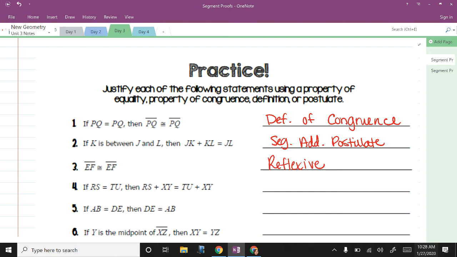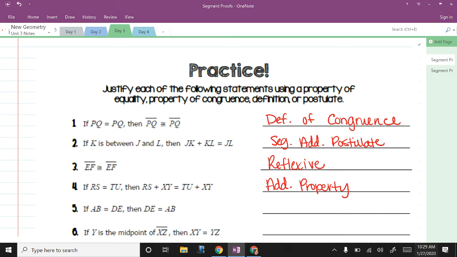It added XY on both sides, right? Started with just RS and TU, and then it added XY on both sides. So what property says you can add the same thing on both sides? Addition property. So you see how we're blending all of these together? All the properties we know are getting blended together. So anything that's on the bottom of that question bank we can use here.